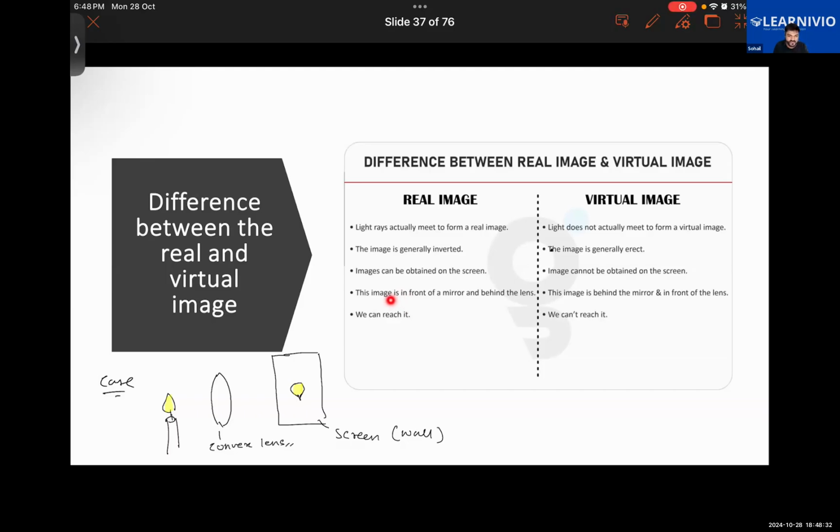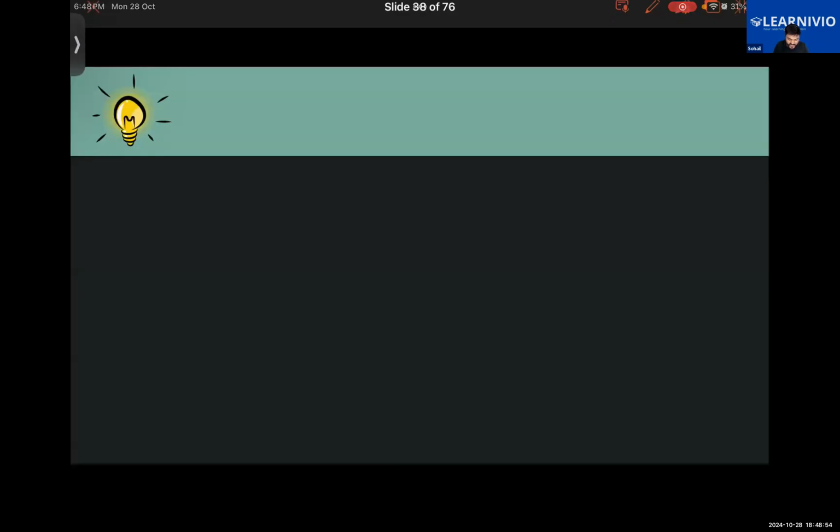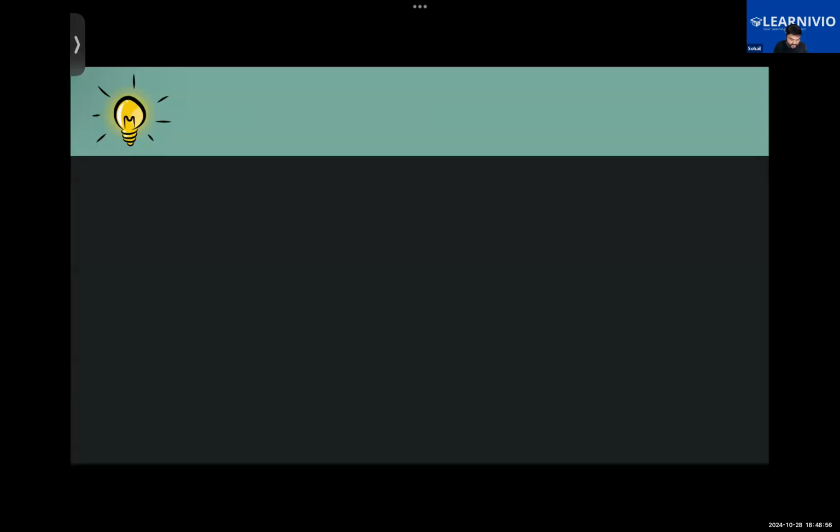There we will revisit this concept, which says that the image is formed in front of a mirror and behind the lens. Further, a real image we can reach, basically meaning that you can actually see it forming on a screen. But in the case of a virtual image, you can't actually see its formation on a screen. That is the difference between the real image and the virtual image.